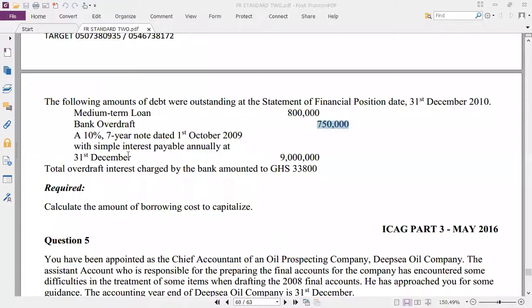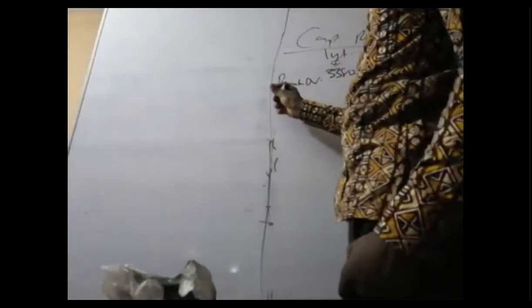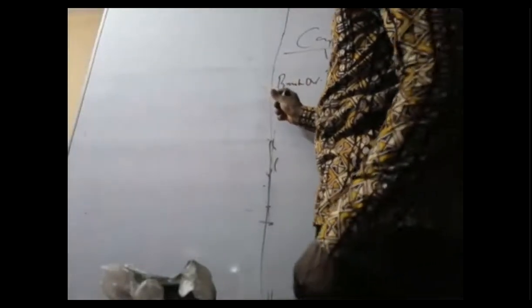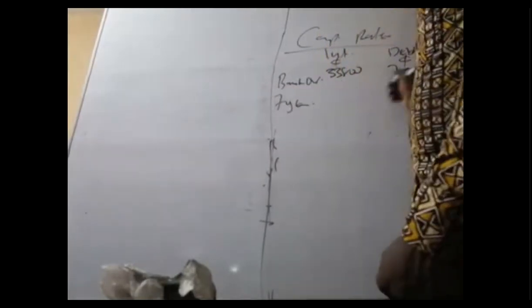The next debt is 10% 7-year loan note, and the value is 9 million. And it's 10%, right? So 9 million. 7-year loan note.